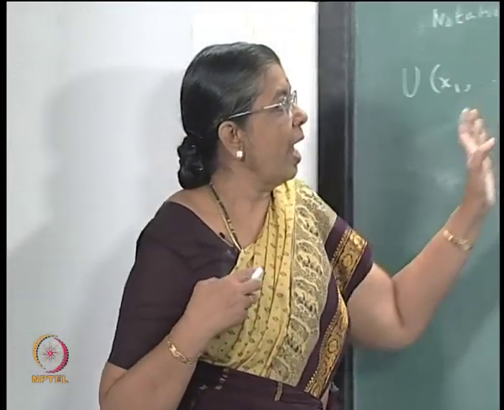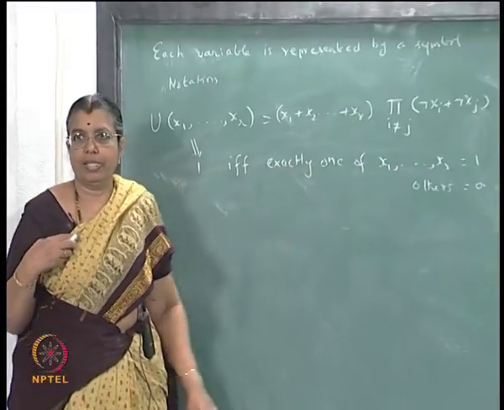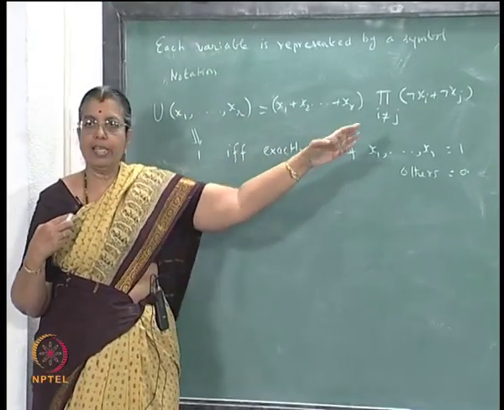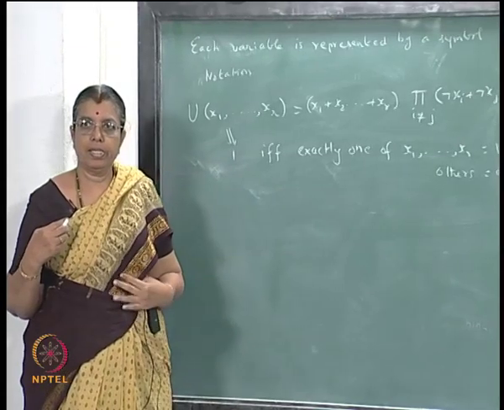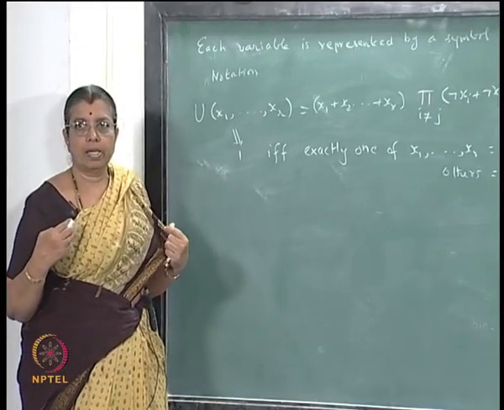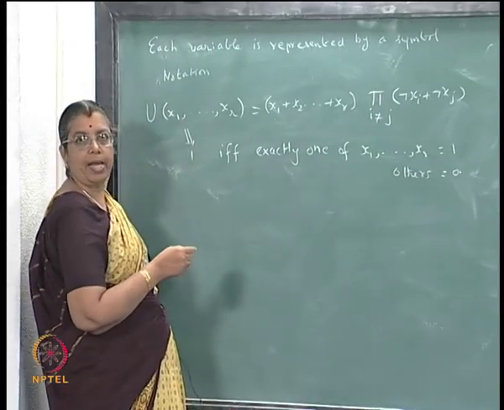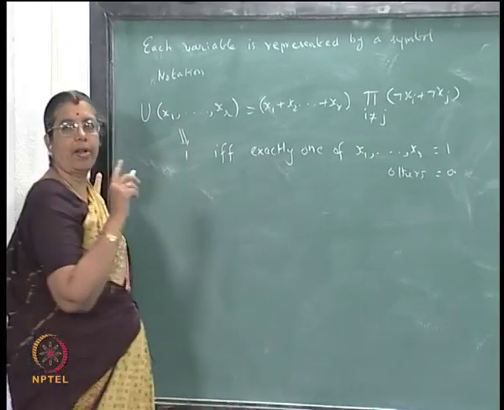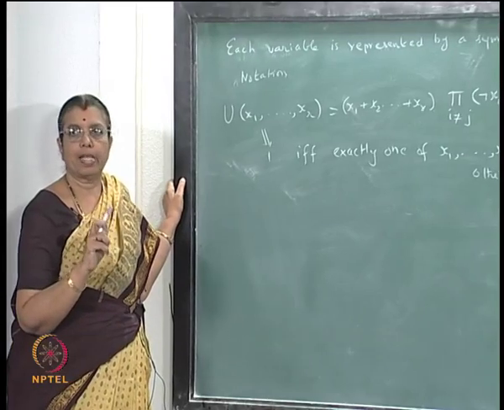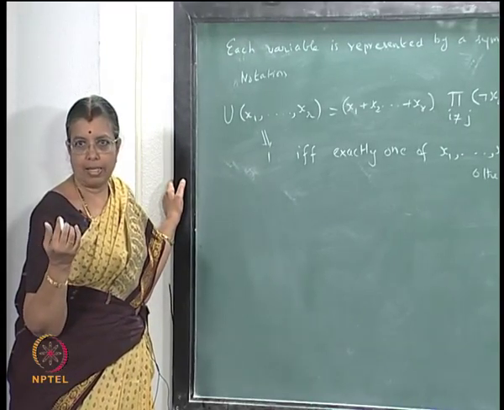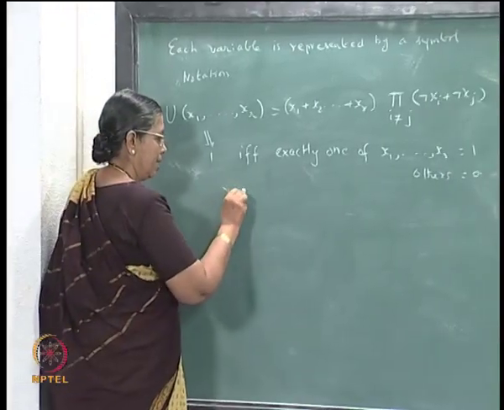Now, what can you say about the length of this expression? There are r variables. The first part will be r. How many factors will be there? If you take x1, there will be a factor with x2, x3, ..., xr, so r minus 1 factors.